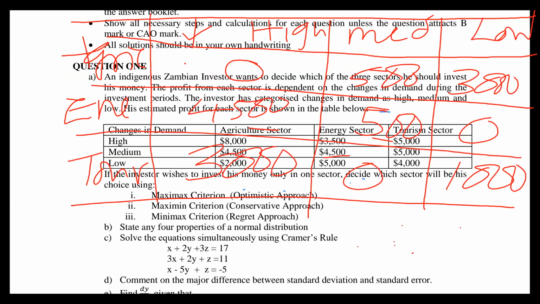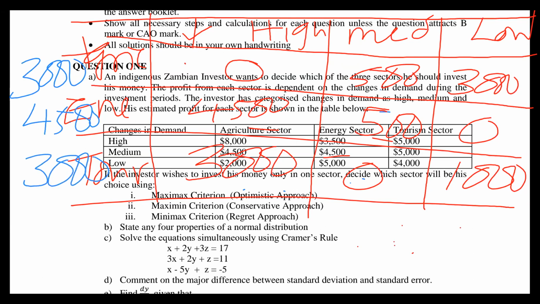So you choose the maximum from each sector first. What is the maximum from agriculture? It's 3,000, isn't it? The maximum from energy is 4,500. What is the maximum from tourism? 3,000.